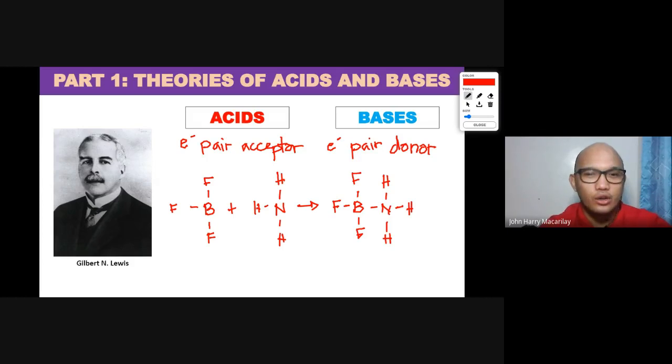So here, your ammonia will donate its electron pair to boron. It means your ammonia is the base and your boron trifluoride will accept the electron pair coming from ammonia. So this will be your base and this will be your acid. So electron transfer between your base and your acid. So that is now your Lewis theory.